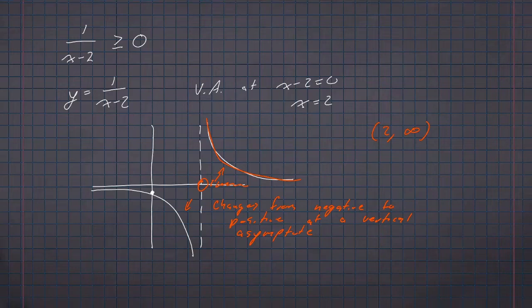So when you are dealing with a rational inequality, very similar to a polynomial inequality, you're looking for zeros, places where the graph crosses the x-axis, but you also have to look for discontinuities, places where the graph has a vertical asymptote and it might wrap around.